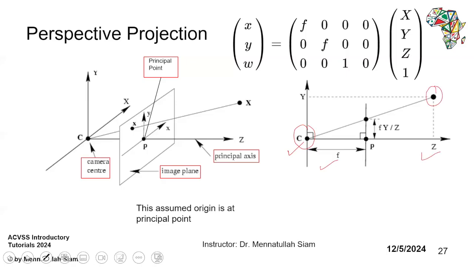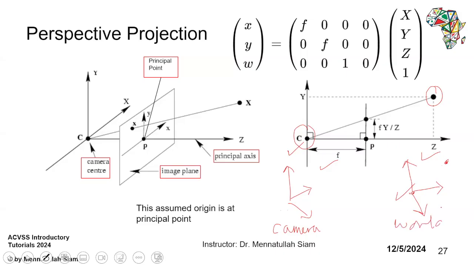So this 3D world point was with respect to a camera coordinate system centered at the camera, where the origin is the camera center. But that's not necessarily the case. You might have the camera here, and then some other global coordinates, let's assume the world coordinates, or any other coordinate system, and your 3D world point is with respect to it.